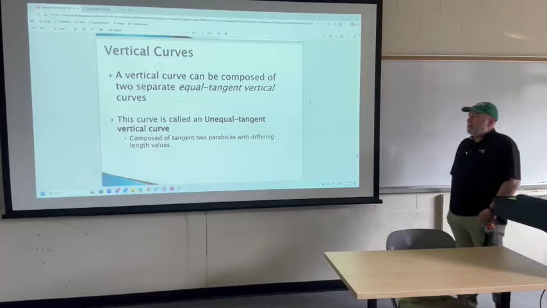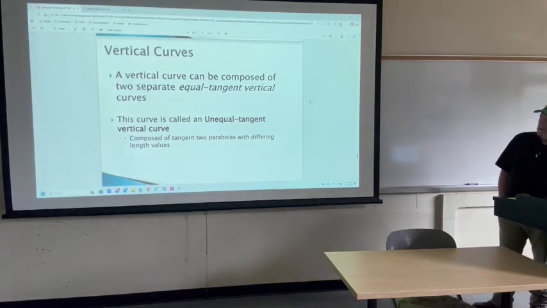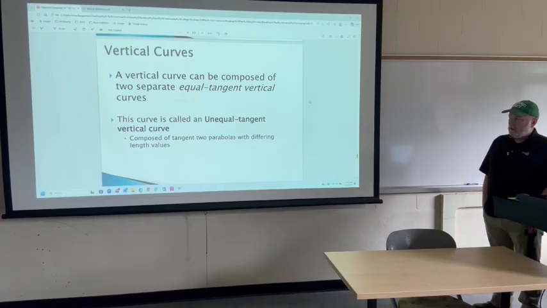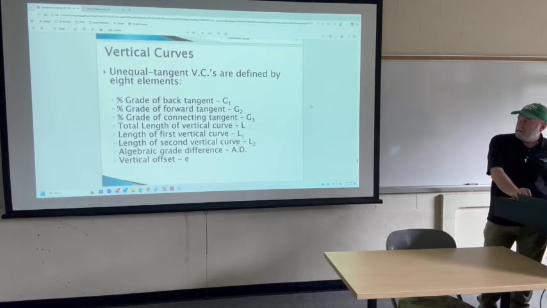Vertical curves can be composed of two separate tangent vertical curves. This curve is called an unequal tangent vertical curve, composed of two tangent parabolas with differing length values. Scary, scary.